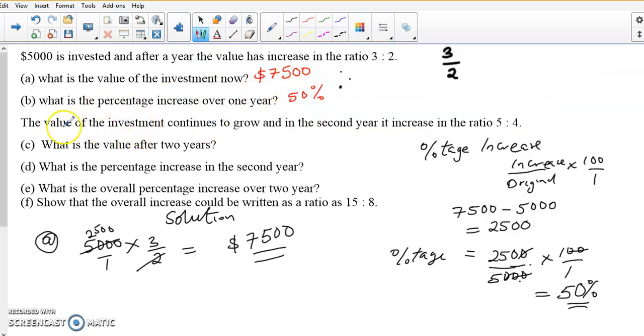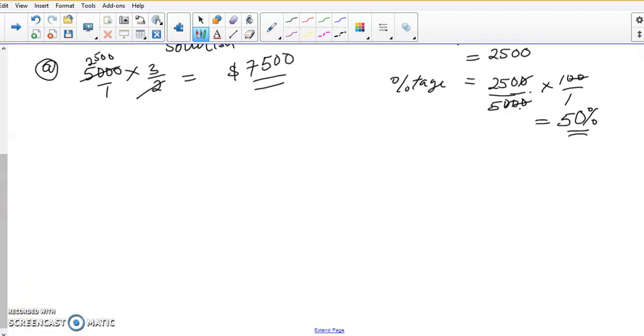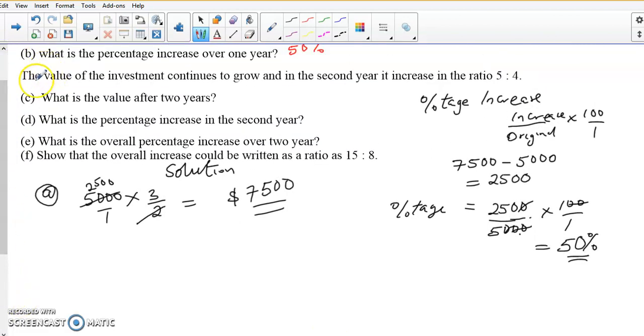Okay, and the next question says, after the value of the investment continues to grow, in the second year it increases in the ratio this.